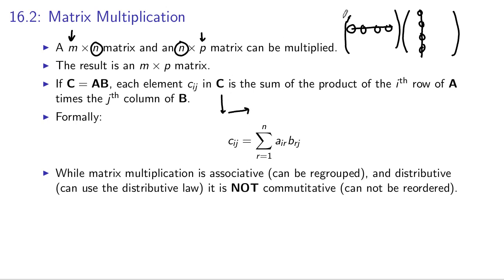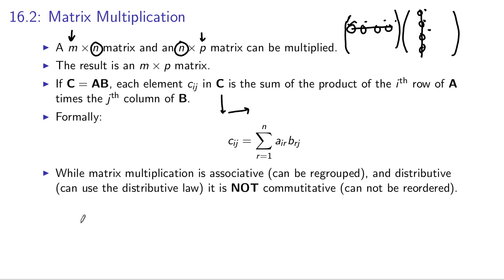C sub ij, the ith row, jth column in the output matrix, is the sum from r equals 1 to n, where remember n is the inner dimension of these matrices, of the product of A sub ir and B sub rj. So r is the sort of position we are as we multiply. And this will be a lot clearer as we do examples.